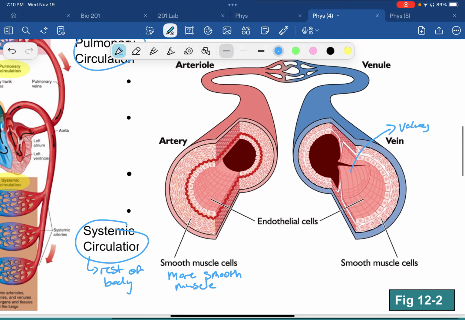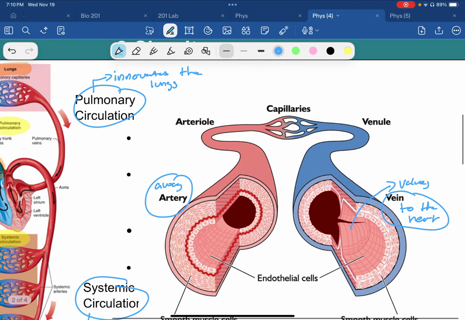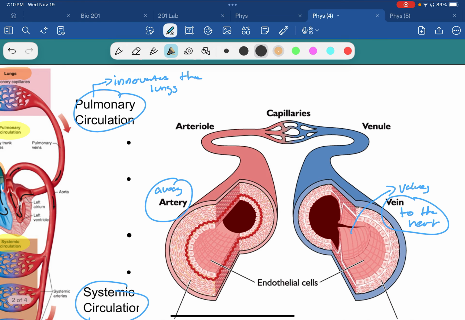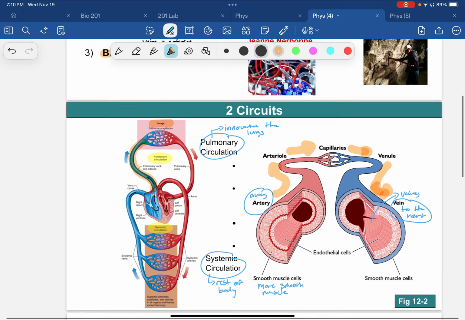And let's just remember that our arteries are away from the heart and our veins go to the heart. And then from our arteries, if we start here, the blood is going to flow this way to our arterioles, to our capillaries. This is where the oxygen and carbon dioxide exchange is going to occur, into the venule and then back down here to the vein.